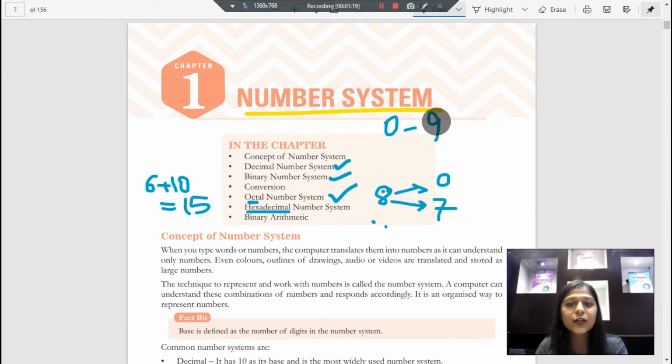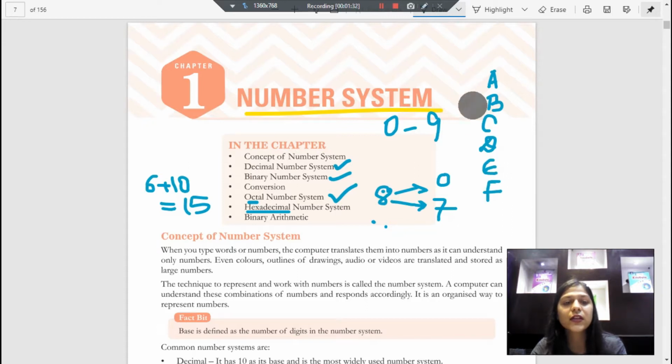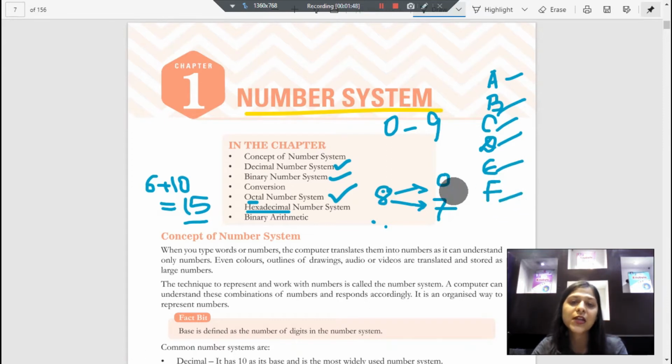Now for 10 we will use A, for 11 we will use B, for 12 C, for 13 D, and like that until 15, right? So we'll use 0 to 9 as numbers, and then we will use A until F to signify digits from 10 to 15, right? 10, 11, 12, 13, 14 and 15. So this is the basic number system.